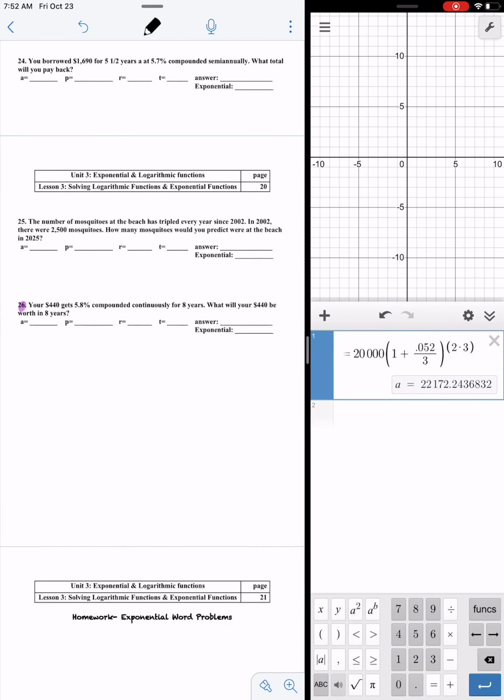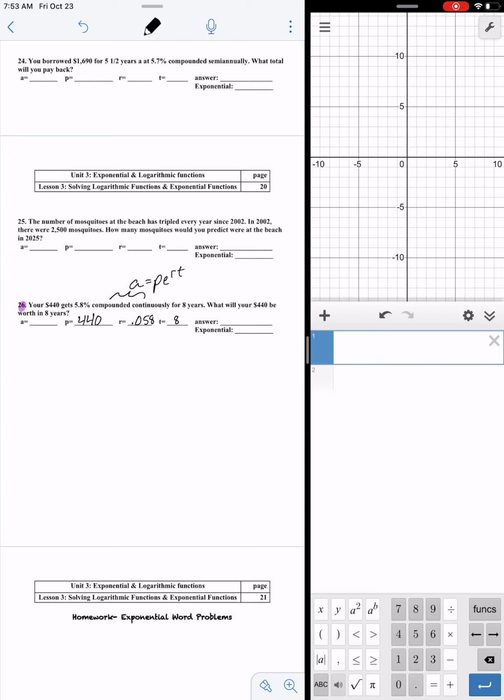And then the last one, compounded continuously. This tells me A is equal to P times E raised to the R times T power. 440, 0.058 for 8 years.